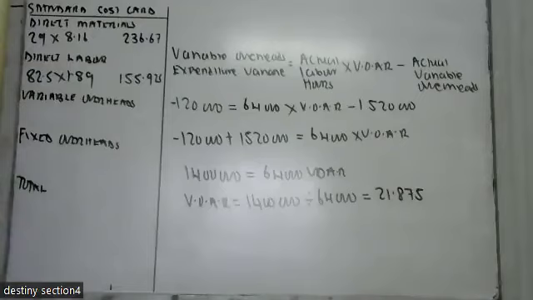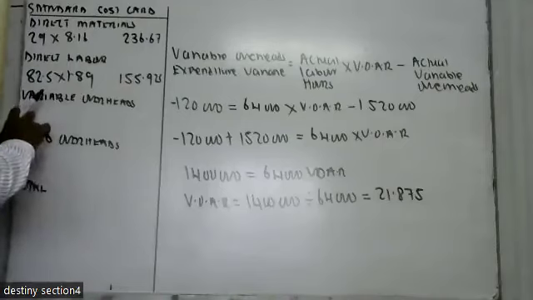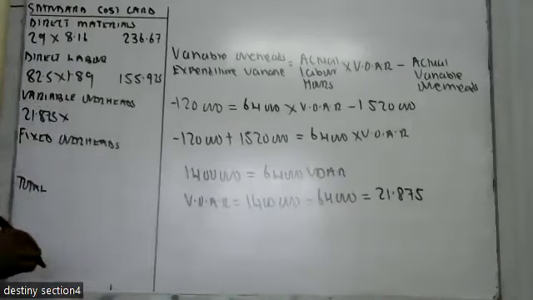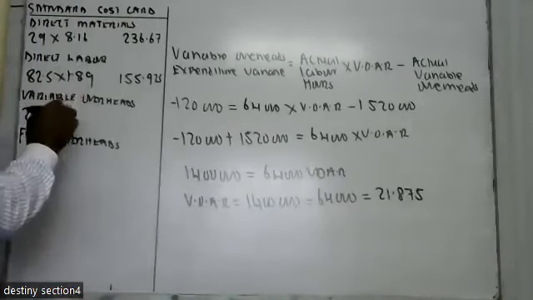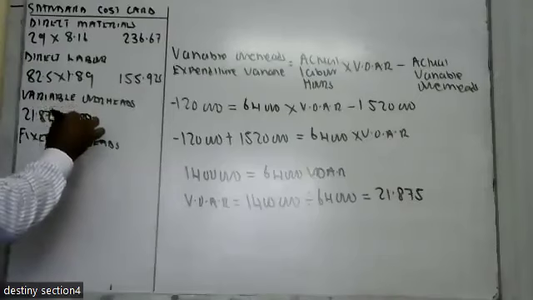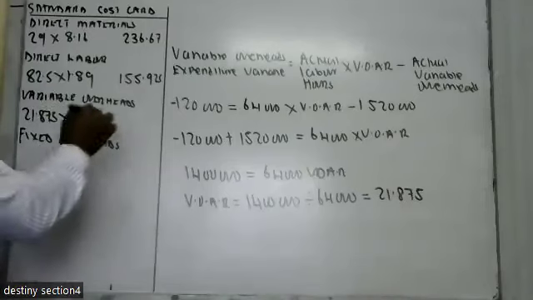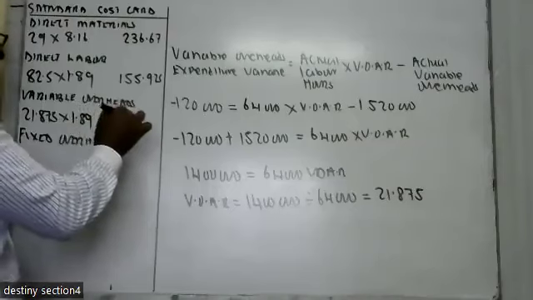So how do we get the variable overheads? You get the absorption rate, which is 21.875, and multiply by the hours, putting in the other value, 1.89. That gives 41.34.